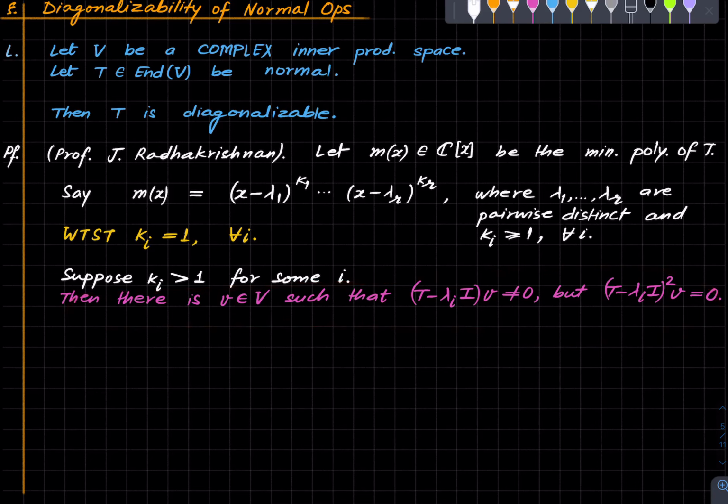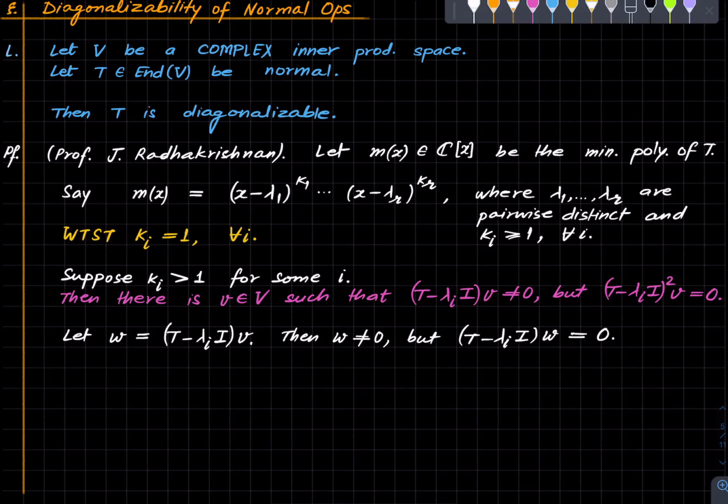Okay, so now let W be equal to that. So then W is non-zero, but that is the case, right? Because of this, we immediately have that.